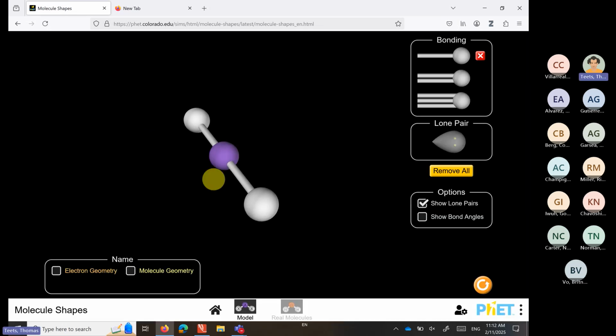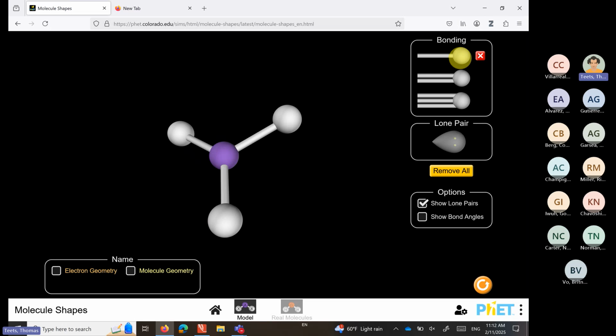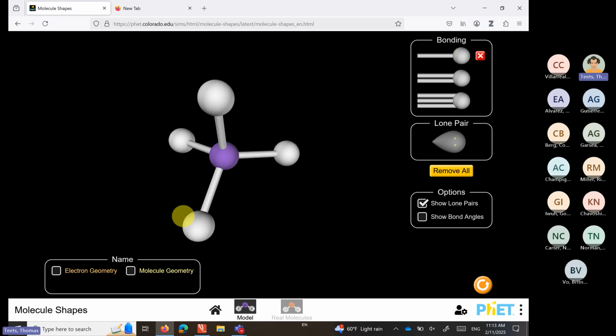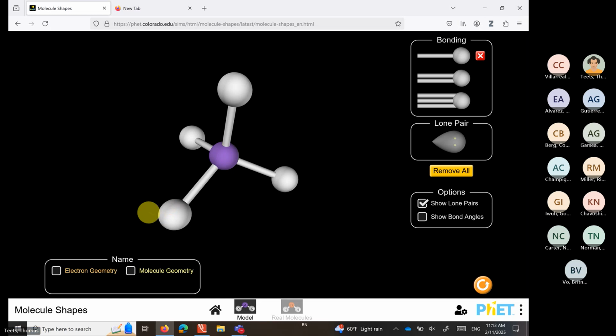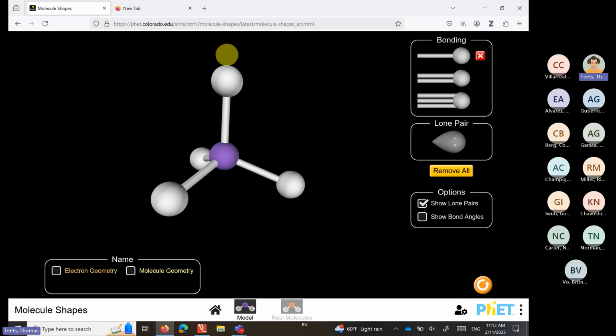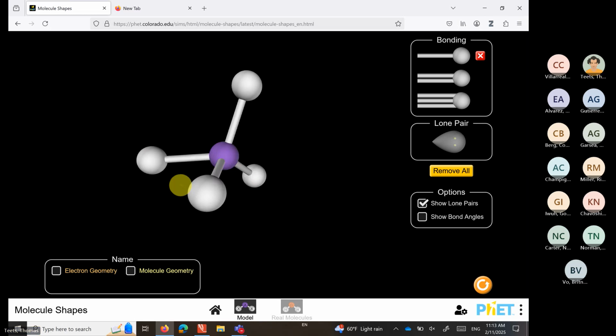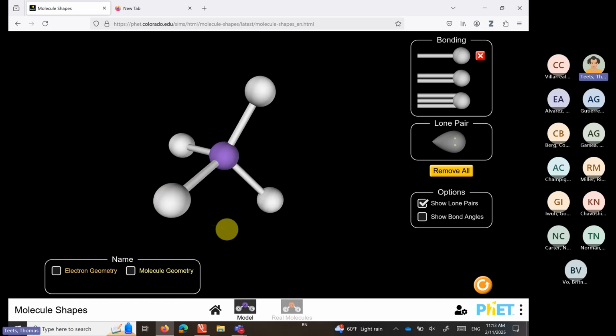So if we want to do 4 electron groups, the way you do that is you just click or tap these atoms up here to add them on. So this is 2, we have 2 more. All right, so the shape here, now we're in 3 dimensions for the first time, is called tetrahedral. You can almost think of it as a 3-legged stool with one sticking up the top like that.